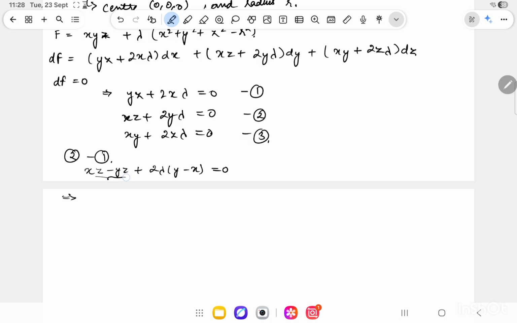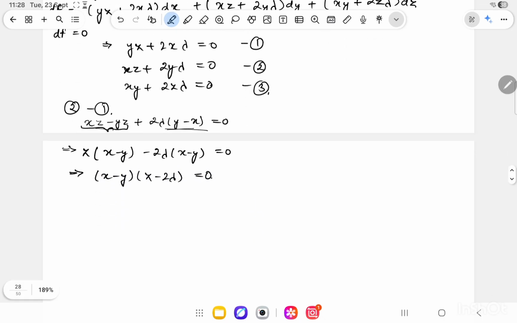I can pull out z from these terms, so I get z into x minus y, and I can pull out a negative from the other bracket, so I get minus 2 lambda into x minus y equals 0. From here I get x minus y into z minus 2 lambda equals 0. So this gives me either x equals y or z equals 2 lambda.